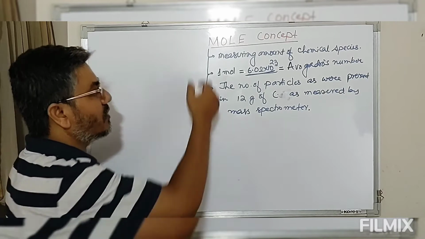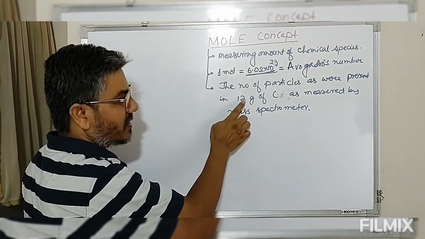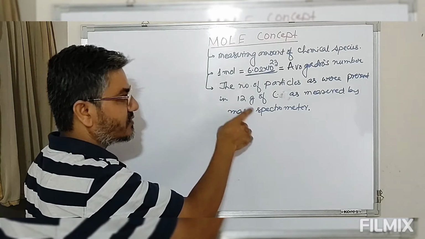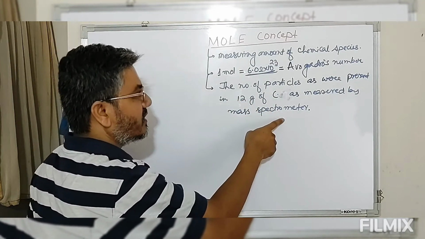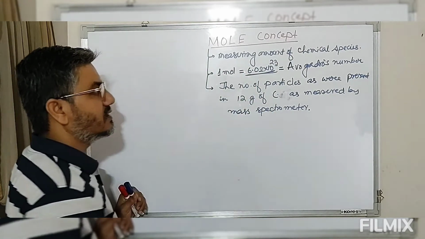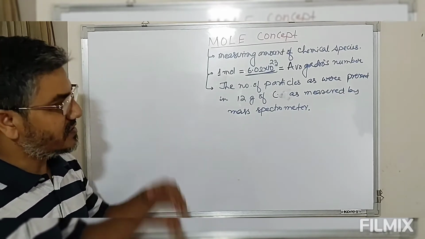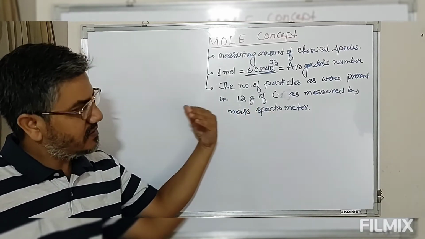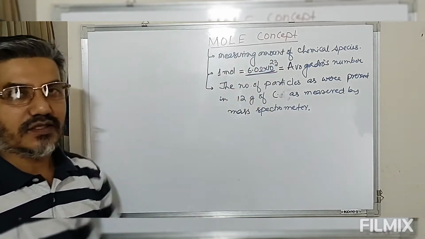And where this value comes into picture, that is from the mass of carbon 12 as measured by spectrometer is found to be 12 gram. When 12 gram of carbon was measured by mass spectrometer, in fact it was found to contain 6.02 into 10 to the power 23 atoms of carbon. So the same is extended to other also. So the same entities as were present in carbon 12 is considered as the mole.